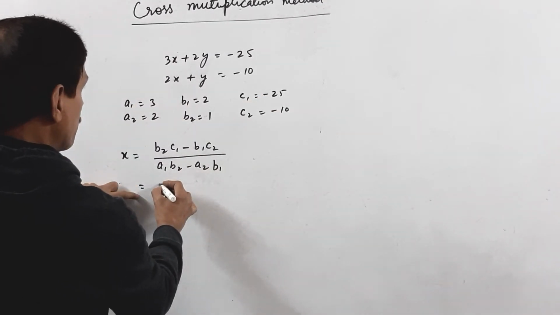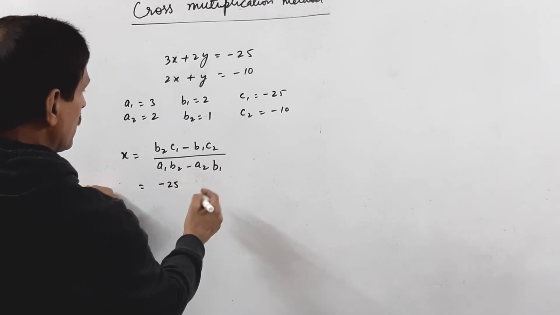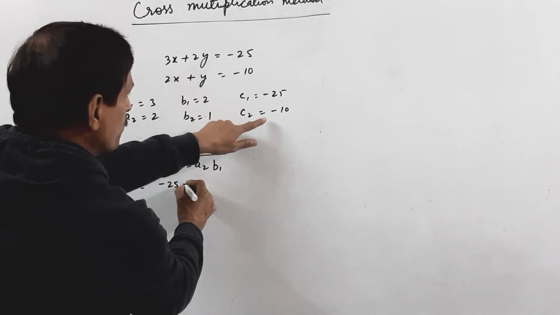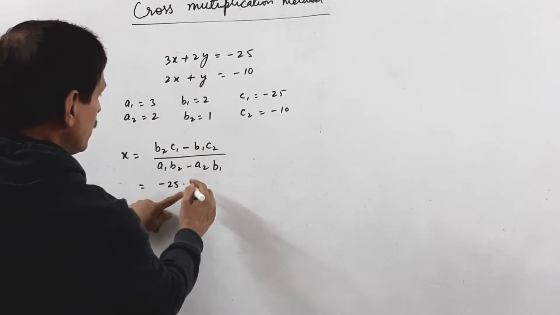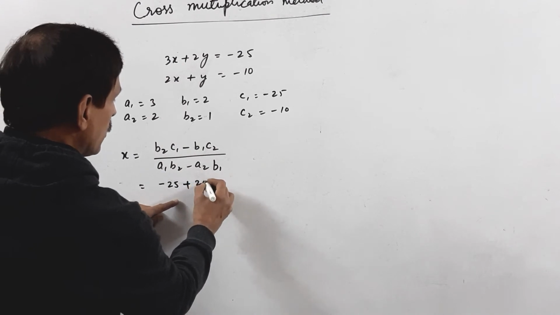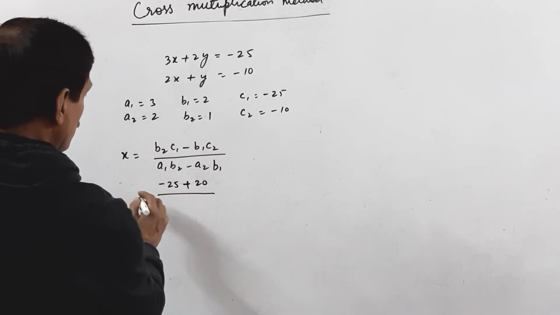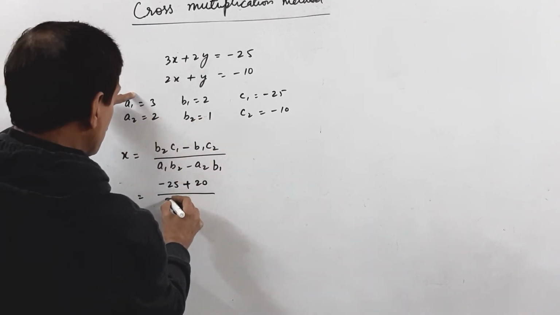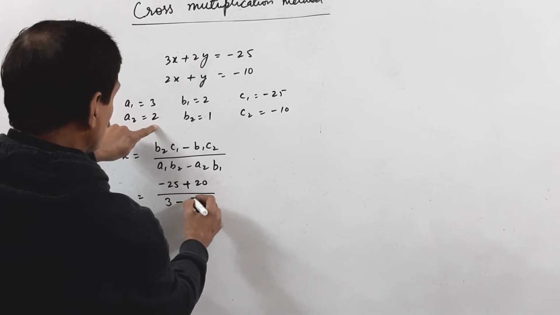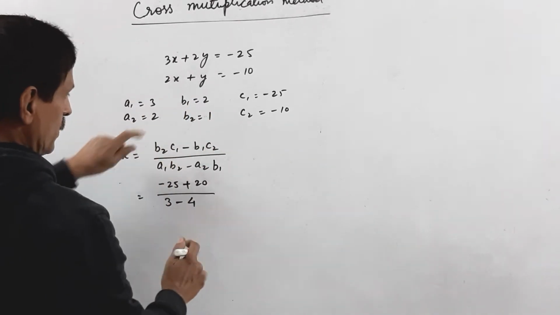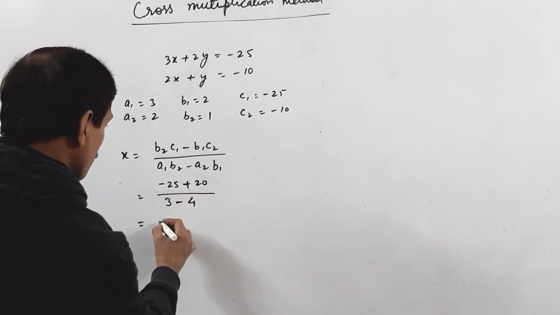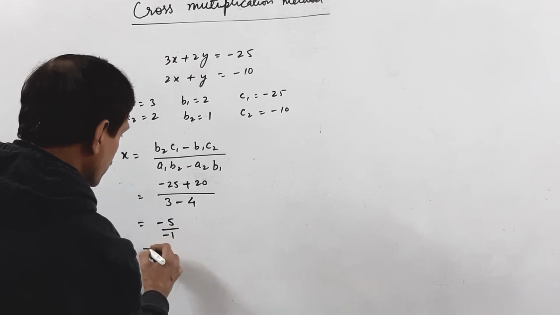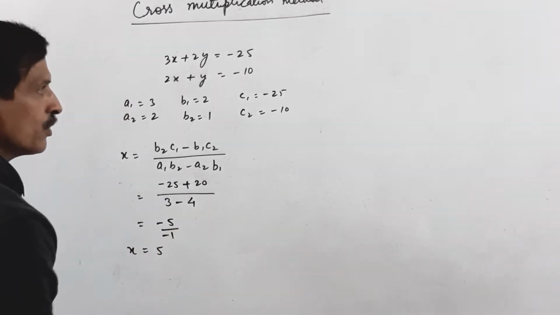We get minus 25, minus b1 into c2. c2 is minus 10 and there is a negative sign over here, so it becomes plus 20, upon a1 b2, that is 3 into 1, that is 3, minus 2 into 2, 4, and this is minus 5 upon minus 1, and that is 5. So x is equal to 5.